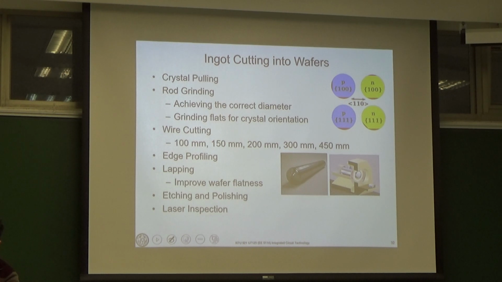Because we use a saw to cut these wafers, we have to polish and lap them to a flatter surface. So we will use some CMP process for etching and polishing the surface, and then we can put a laser mark on it to inspect.